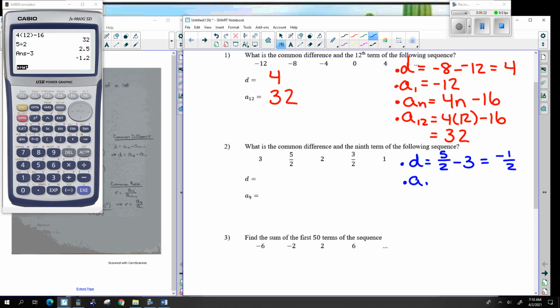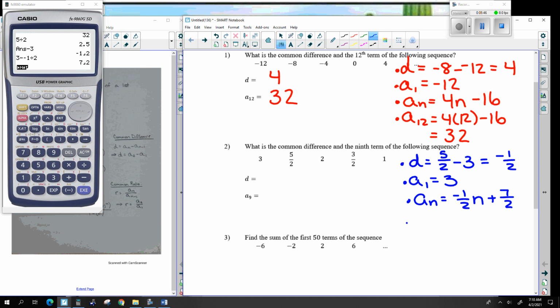A1 is 3, making AN equal to the difference times N, and then 3 minus negative 1/2. 3 minus negative 1/2 is 7 over 2, so positive 7 over 2.